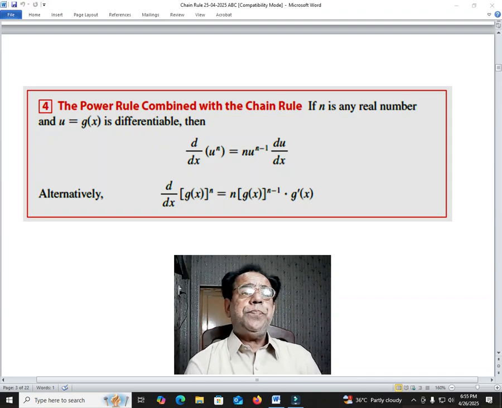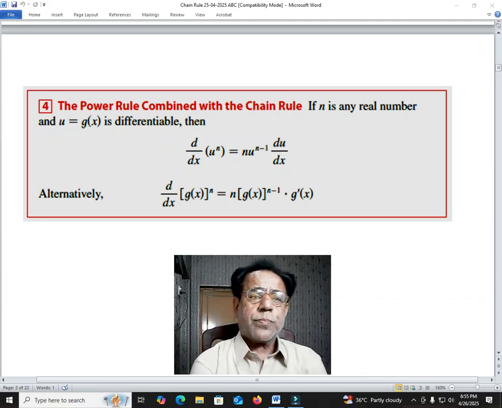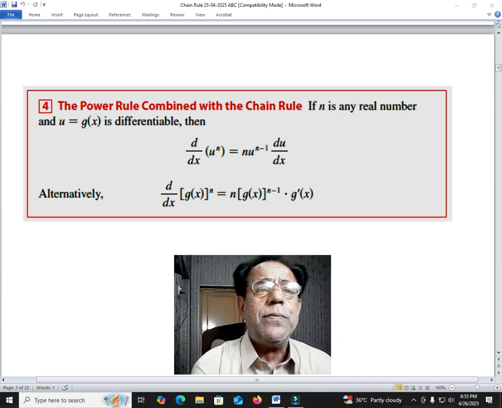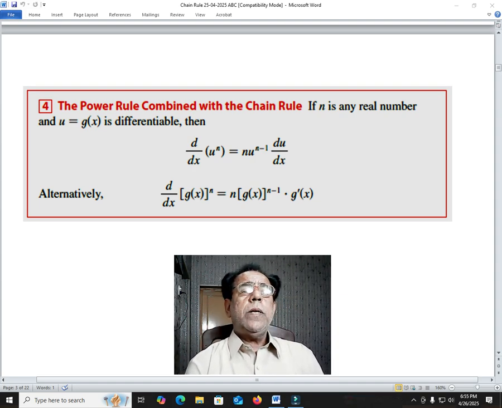Dear students, this is the power rule combined with the chain rule. Previously we dealt with the power rule, but here the power rule together with the chain rule is being introduced.